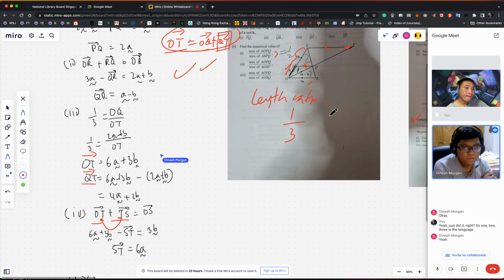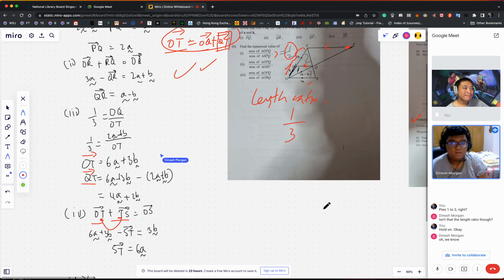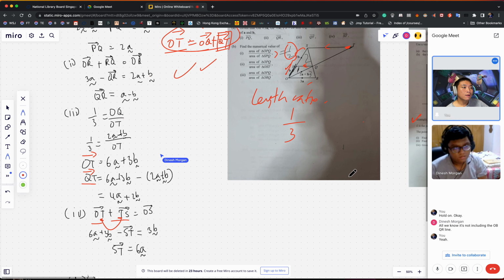Wait, wouldn't 1 to 2 be the length ratio for part I? Isn't that the length ratio though? Hold on. Oh wait, no, it's not including the OPQ. Never mind.